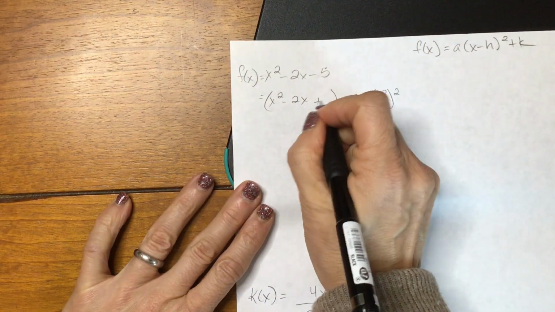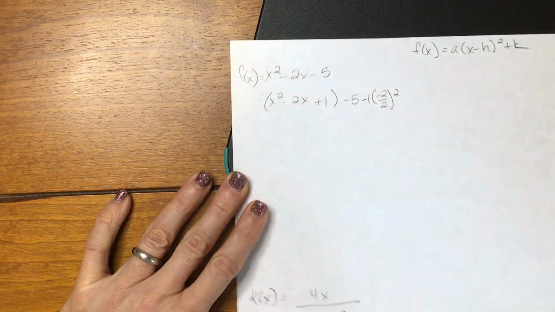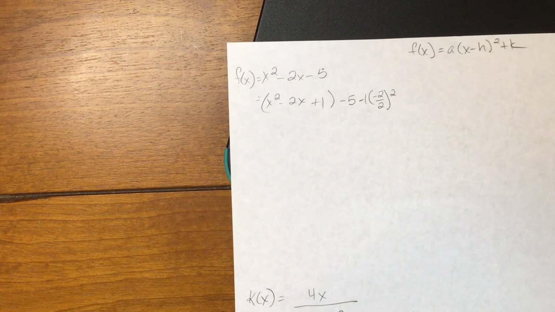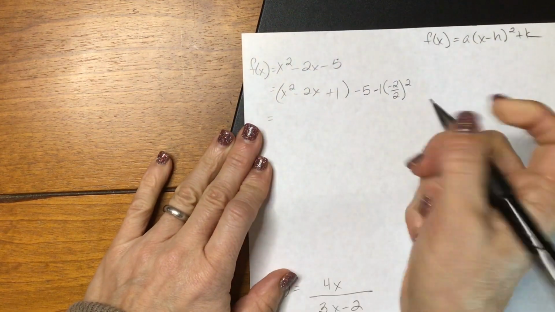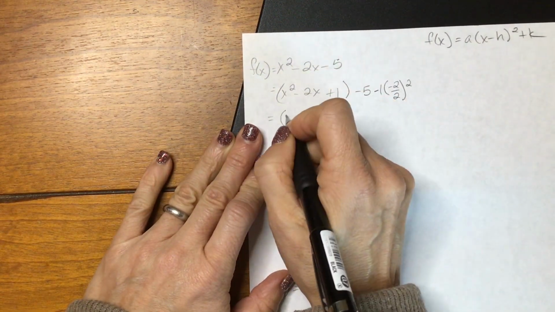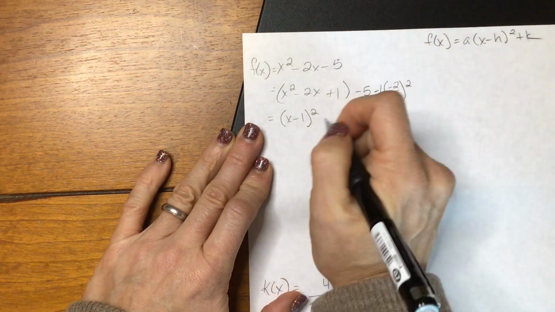So I add that here, but if I add 1 there, I need to subtract 1 here, because I can't just add 1 to the equation without changing it. So if I add 1 and subtract 1, I've left it at being 0. Now I can write this first part as x minus 1 squared if I write it in factored form, minus 6.